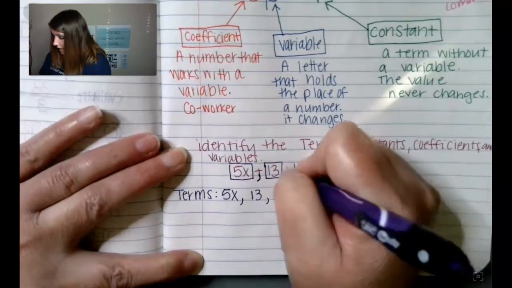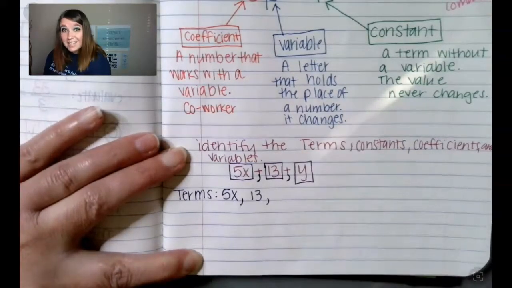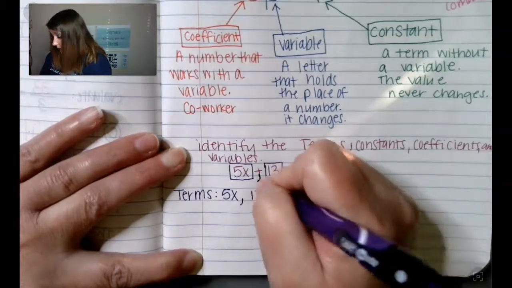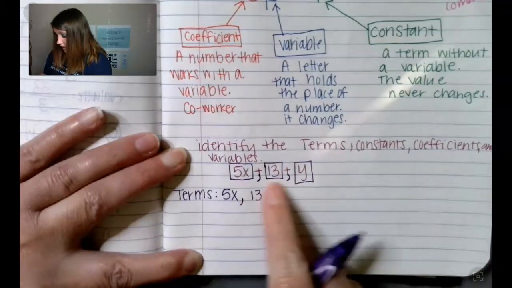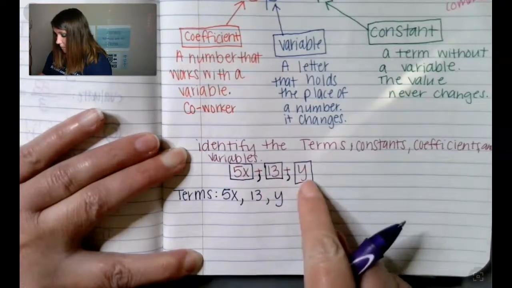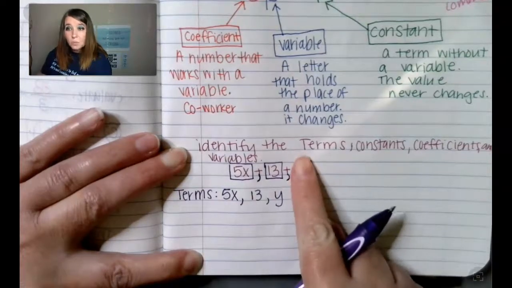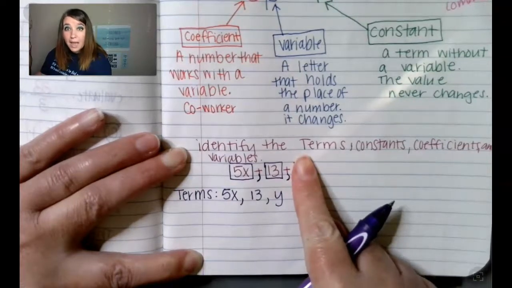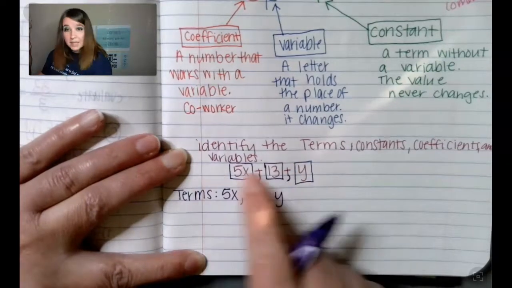The y. The y is a term. Again, it's separated by the operation. Okay, so these each make up this algebraic expression. If I got rid of this y, I would not have the same math sentence. I need this y to make this sentence.